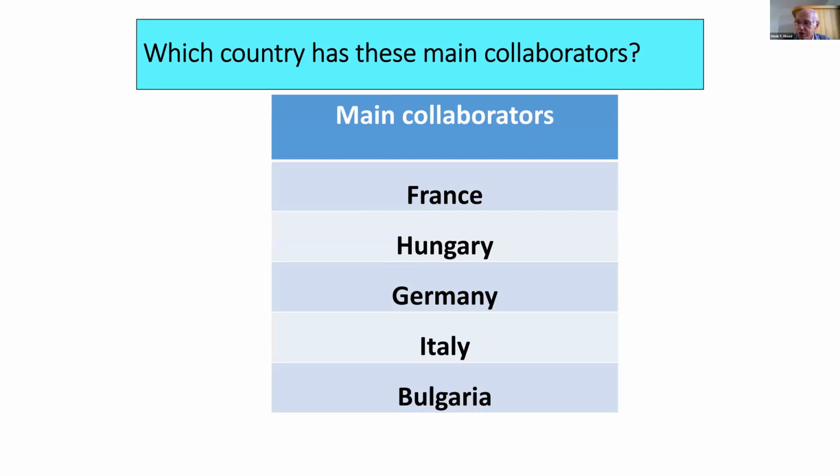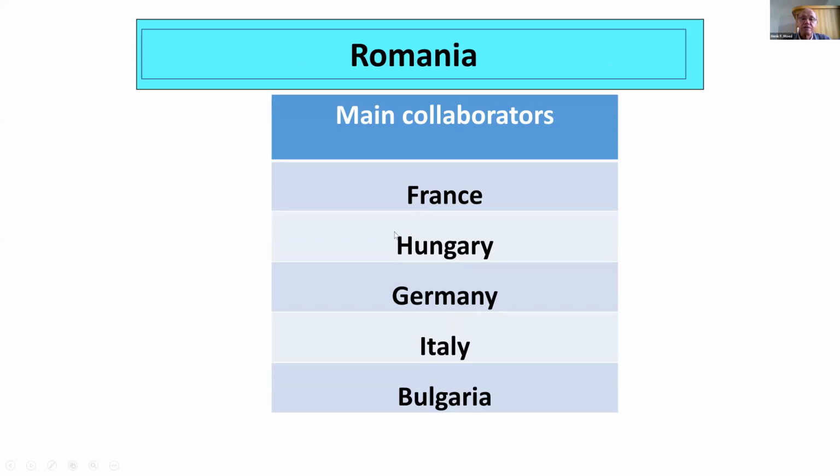Now, we do know that collaboration frequencies are very much determined by political, social, cultural, and historical factors. And that is also the case here. I don't know whether there's anyone who can figure out which country is represented, but I'll tell you, it is Romania.